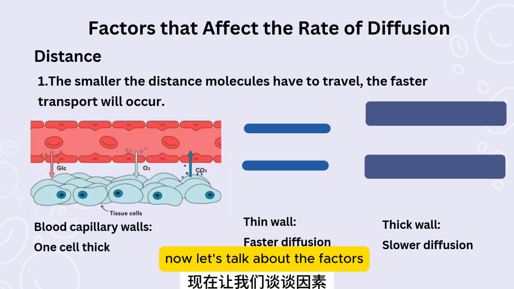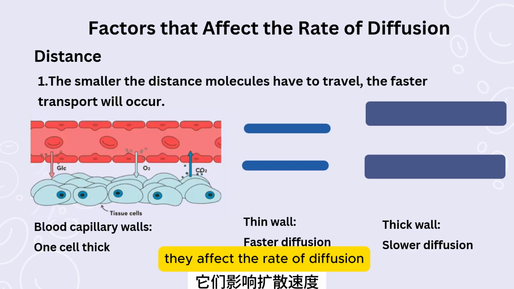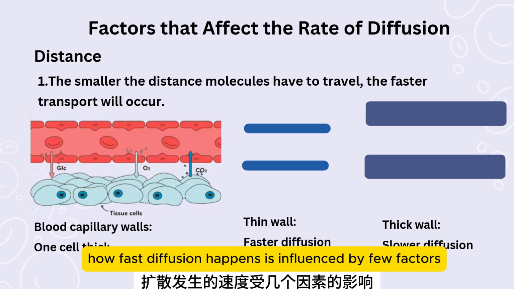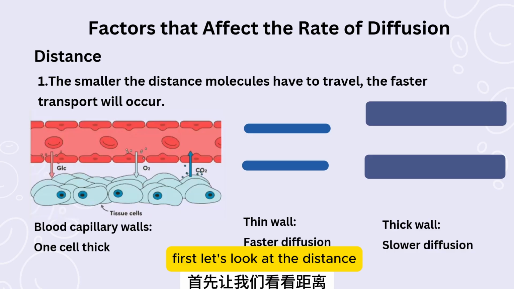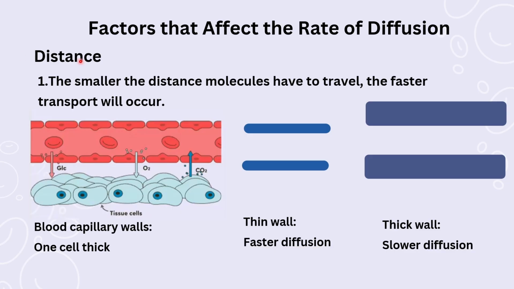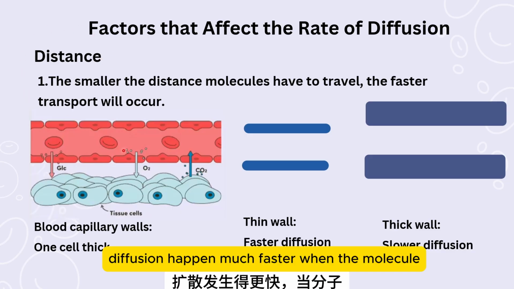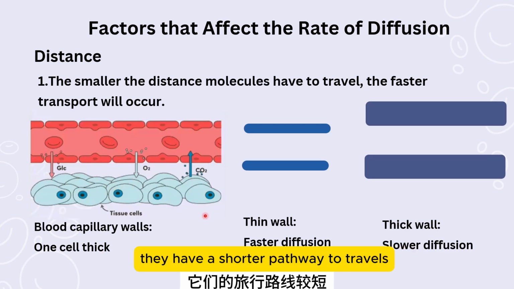Now, let's talk about the factors that affect the rate of diffusion. How fast diffusion happens is influenced by a few factors. First, let's look at the distance. Diffusion happens much faster when the molecules have a shorter pathway to traverse.